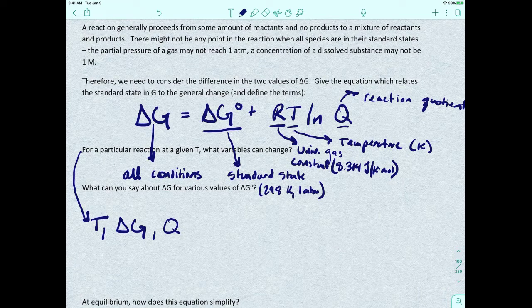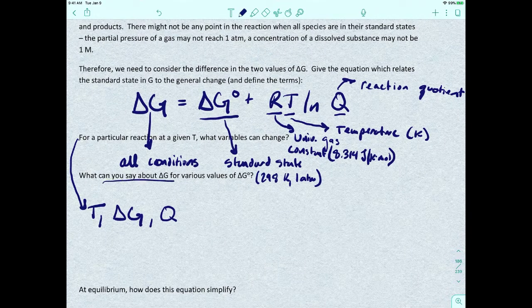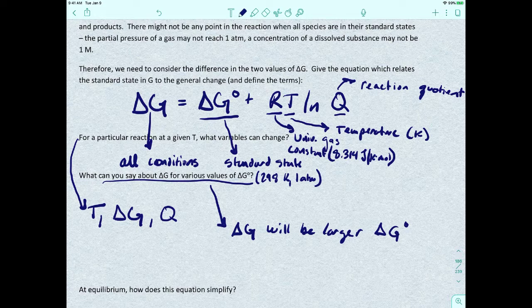All right. What can we say about delta G for various values of delta G naught, delta G at standard state? And here it is. Delta G will be larger than delta G at standard state as long as temperature and the reaction quotient Q are positive values.